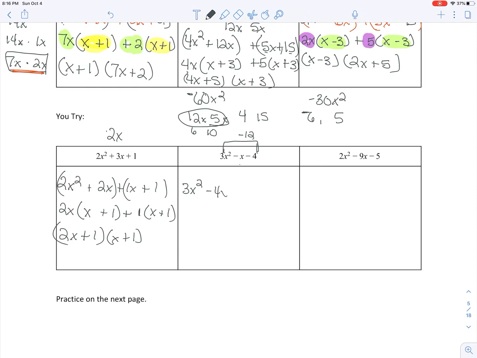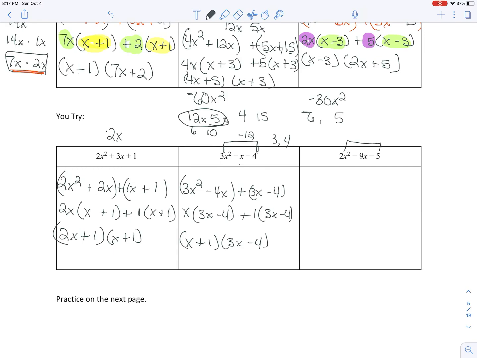So this is 3x squared minus 4x plus x minus 4. My two numbers were 3 and 4 that I used. So I factor out an x. That leaves me with 3x minus 4. Factor out a 1. 3x minus 4. And I'm left with x plus 1, 3x minus 4.